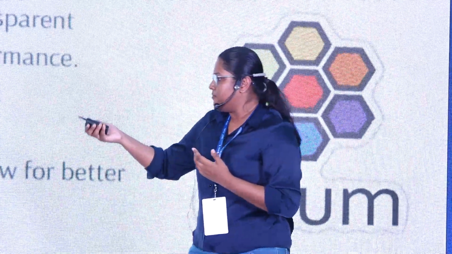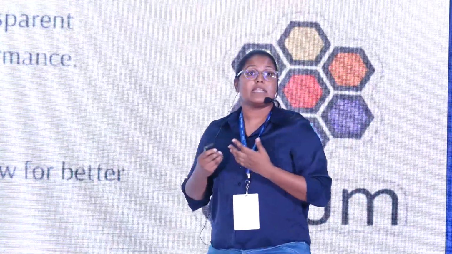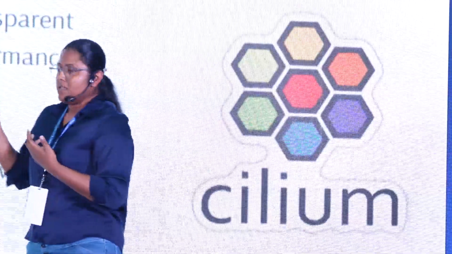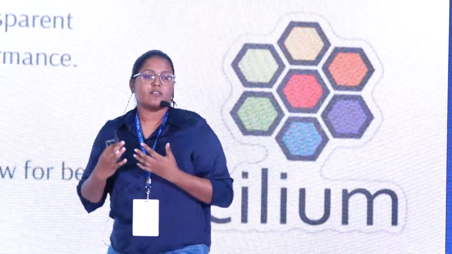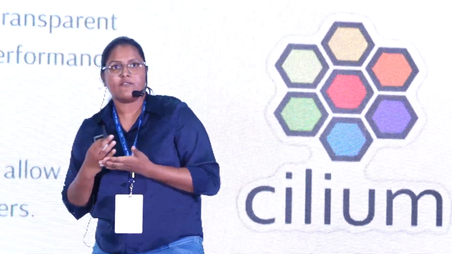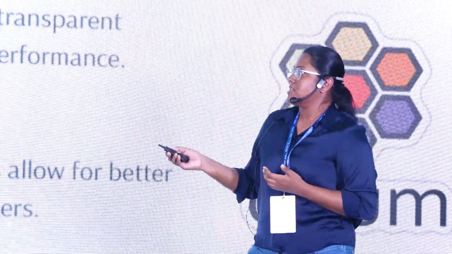These are a few examples of the capabilities Cilium made possible in our platform. But the point I want to make here is that selecting the correct CNI for your Kubernetes cluster according to your requirements is very crucial.